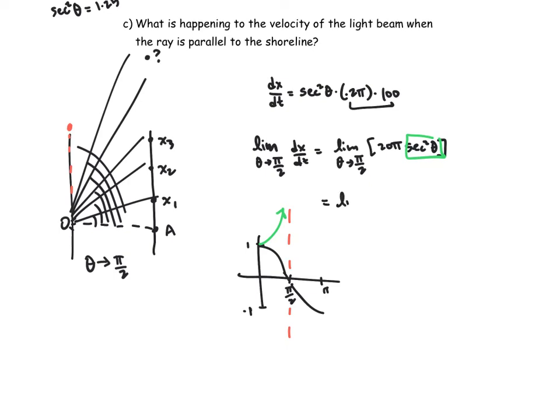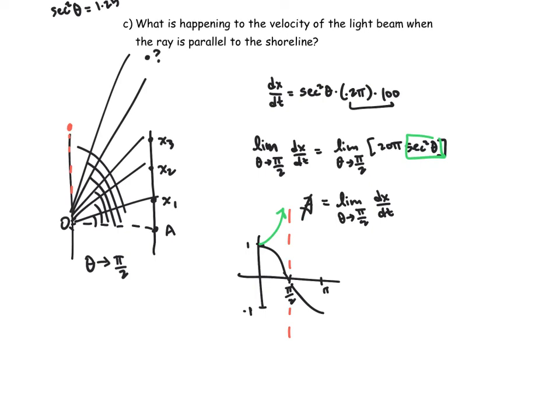Therefore, the limit as theta approaches pi over 2 of dx dt does not exist.